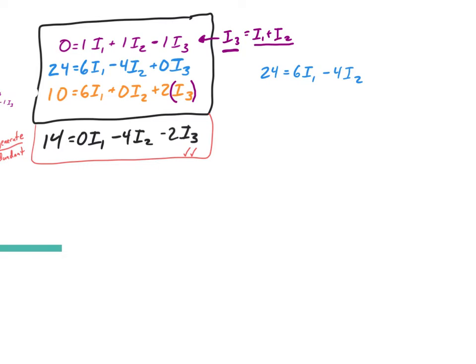But the orange equation becomes 10 is equal to 6I1 plus 0I2, I'm not going to write that down, plus twice I3, which is I1 plus I2. Separating out those terms, I get 10 is equal to 6I1 plus 2I1 plus 2I2.